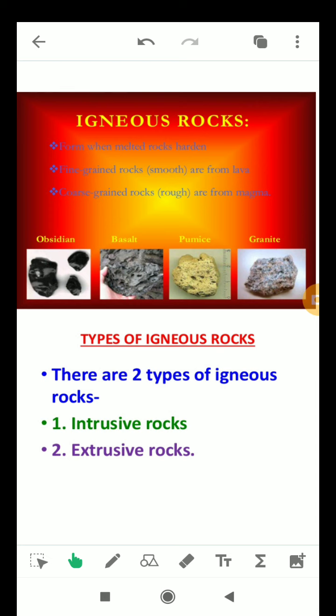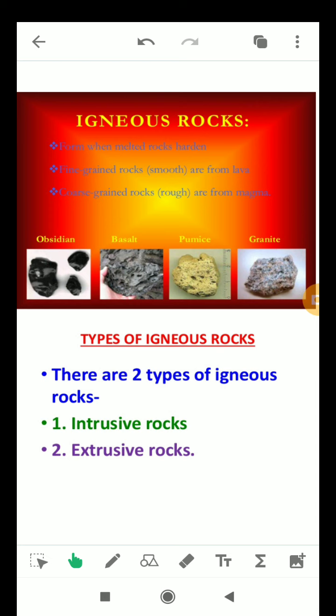All other rocks are derived from the igneous rocks, meaning whatever rocks you can see, all are derived from igneous rocks. Granite and basalt are the main examples of igneous rocks.